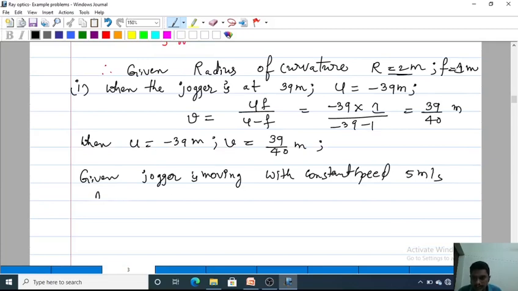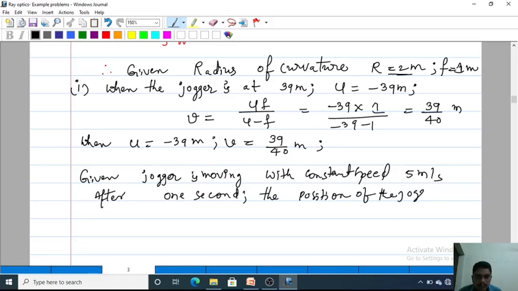So after 1 second, the position of the jogger is: u is equal to minus 39 plus 5. Why? Because he is moving towards the mirror, so this distance decreases, and we get minus 34 meters.